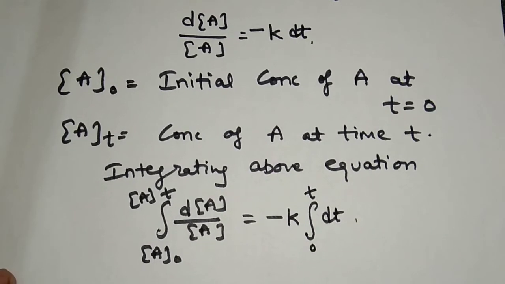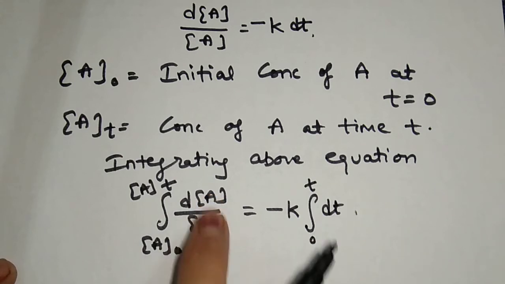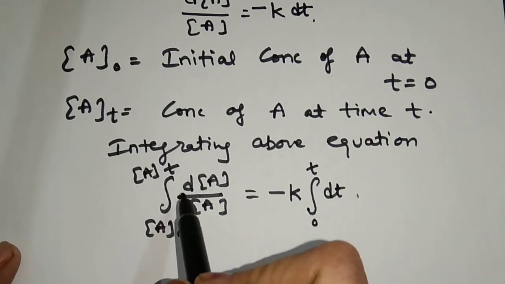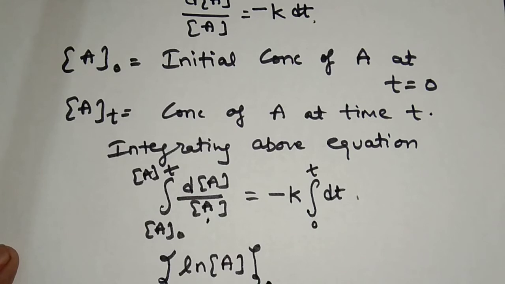Okay, now we know that the integration of 1 by x is log of x, which is called ln of x. So I am just integrating this equation, and on performing integration I am getting the answer ln of A. And what are the limits of integration? That we will write as it is.